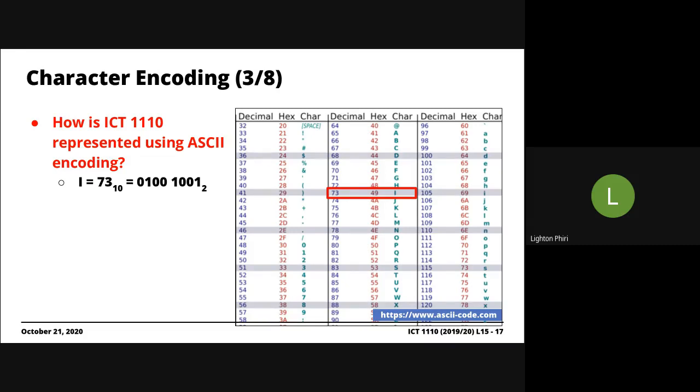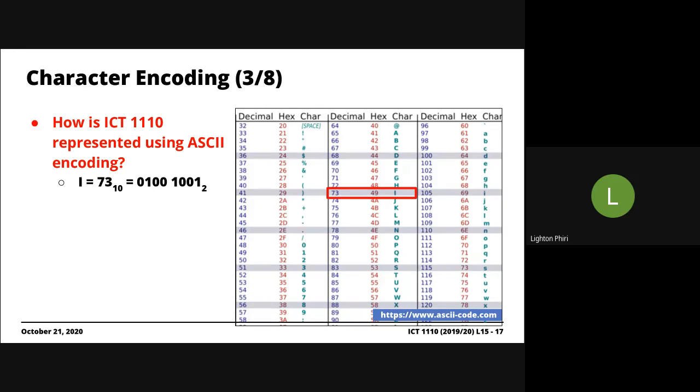Usually, when you look up an ASCII table, it will have numbers represented in both decimal and hexadecimal. It doesn't matter whether the characters have the representation in decimal only, or both decimal and hexadecimal, or in hexadecimal only. We've gotten to a stage where we know how to convert from decimal to binary or hexadecimal to binary, right? So straightforward stuff here.